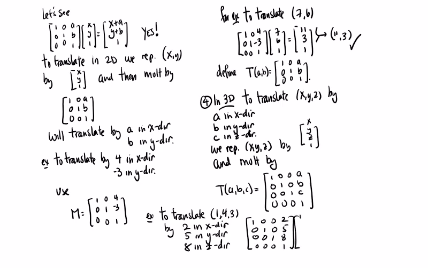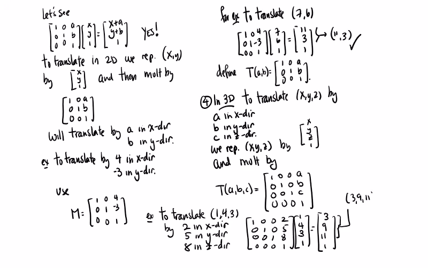We multiply it by 1, 4, 3, 1. The result is 3, 9, 11, 1, which we then take out as 3, 9, 11.